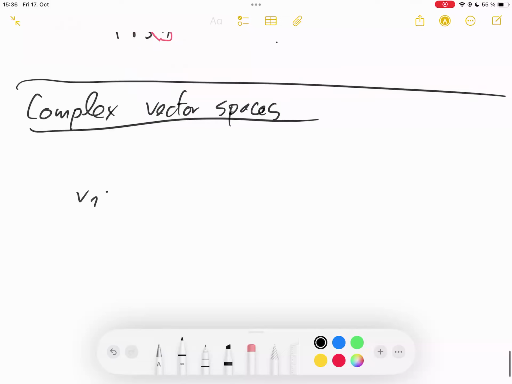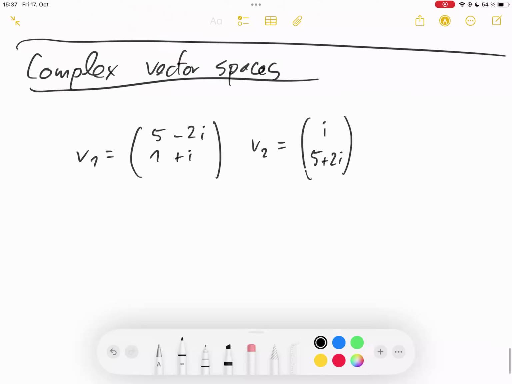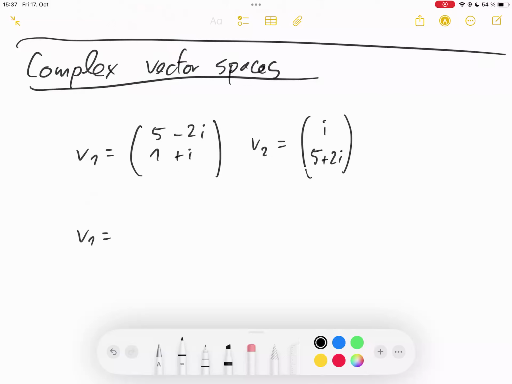So we have V1, which is (5 minus 2i, 1 plus i), and V2 is, say, (i, 5 plus 2i). I want to know from you, I have these two vectors and I want to add V1 and V2. What's the result?